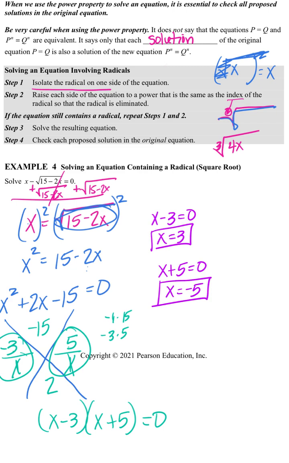Now, plug it back in, because you have to double check your proposed solutions. So we go up here, and if I plug in a negative 5, I've got 15.